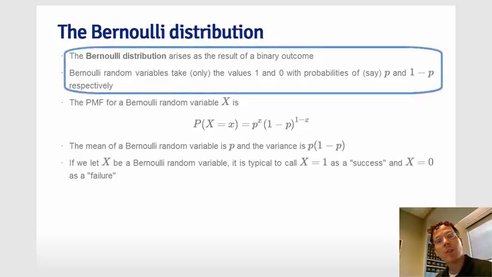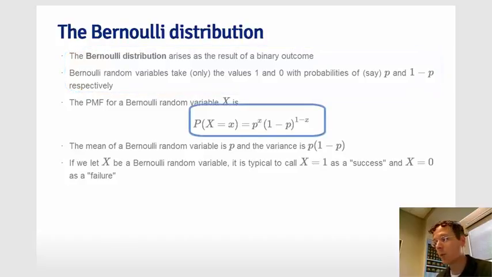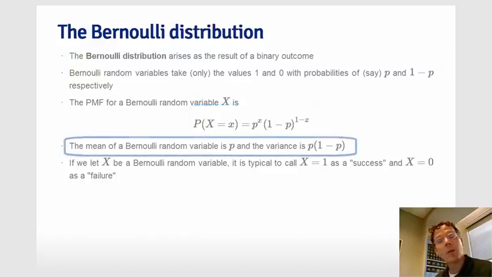So the Bernoulli distribution arises out of a coin flip, say with a 0 for a tail and a 1 for a head. And you have a potentially biased coin with probabilities p for a head and 1 minus p for a tail. We usually write the Bernoulli probability mass function as p to the x, 1 minus p to the 1 minus x. The mean of a Bernoulli random variable is p, and the variance is p times 1 minus p.